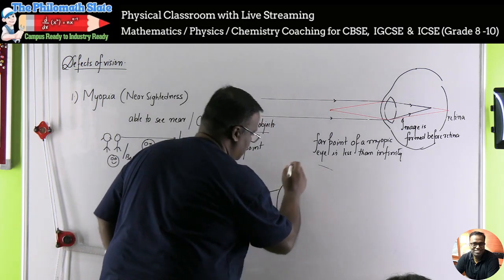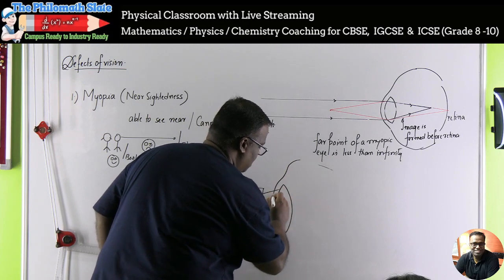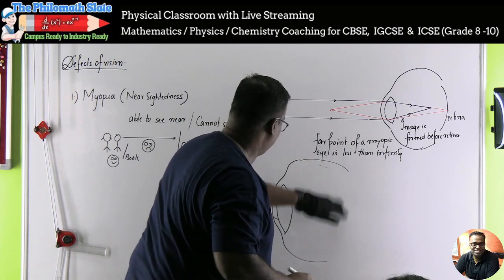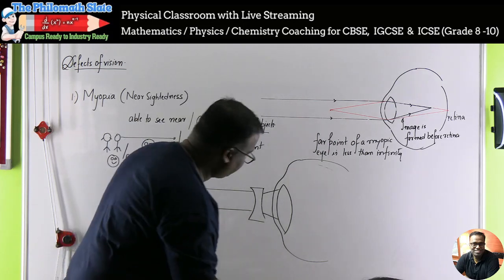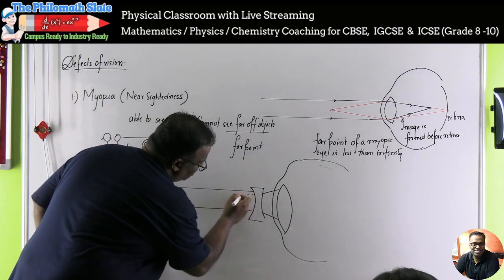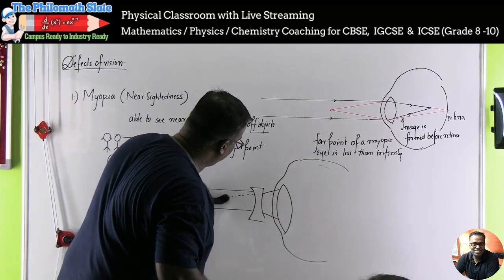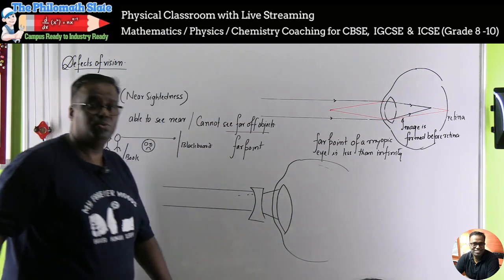And here is your eye lens, and this is your eye. Now, can you remember what image is formed by a concave lens? Try to recall.